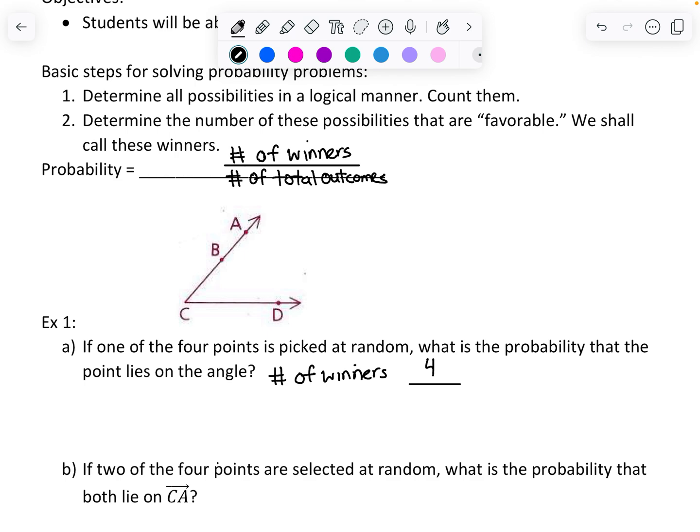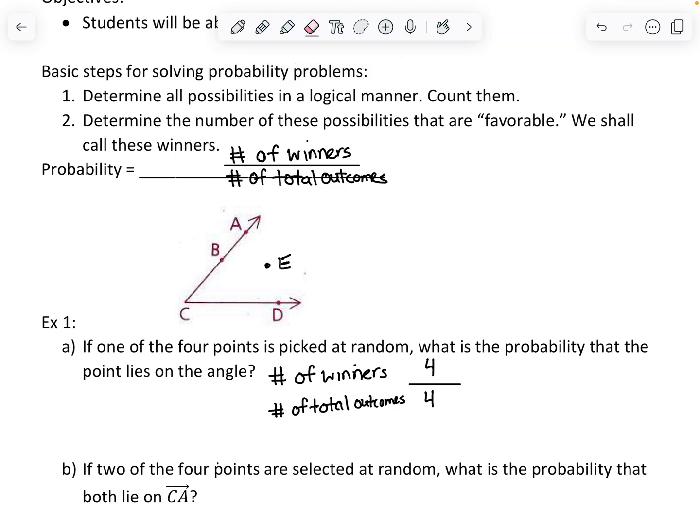Then we want to look at the total possible outcomes. How many total points are in this diagram? Well, there's exactly 4. So this is our number of total outcomes. Now, this might be different if they give us the angle and then put a point out there and call that point E. Then we have 4 winners, 4 points on the angle, but 5 total outcomes.